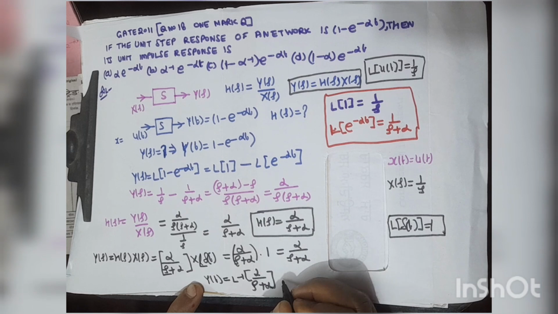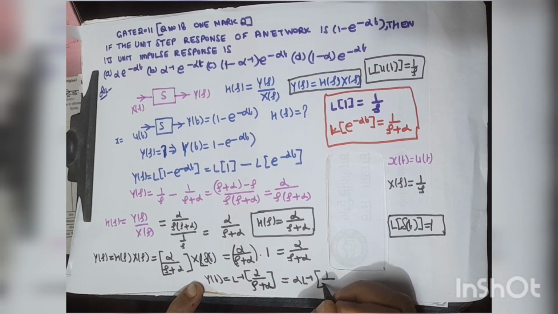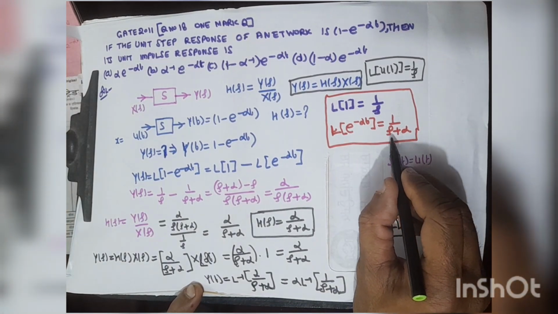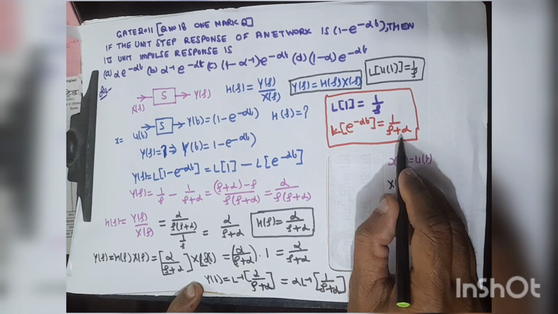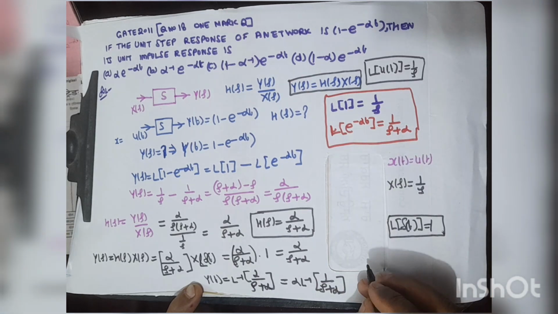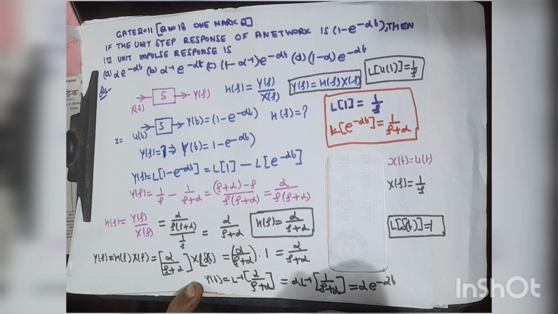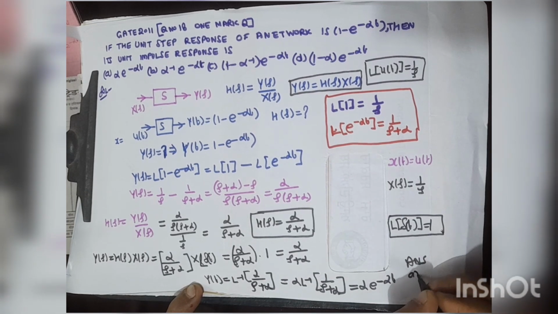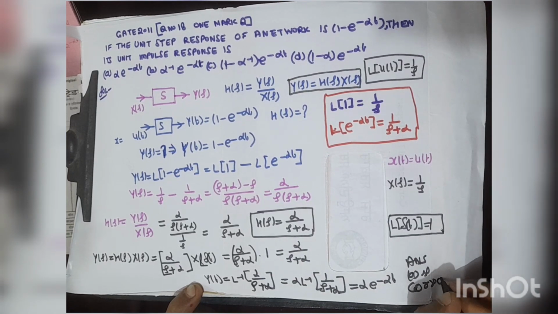Alpha can be put outside, so it is alpha multiplied by the inverse Laplace transform of 1 upon s plus alpha. We know the Laplace transform of e to the power minus alpha t is 1 upon s plus alpha, so the inverse is e to the power minus alpha t. So it will be alpha e to the power minus alpha t, which means answer A is correct. Thank you.